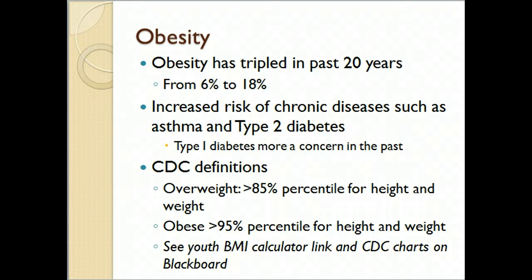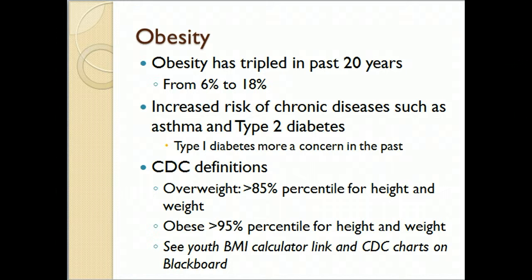Definitions for obesity with kids are different than for adults. If you remember, adult cut points for BMI are 25 for overweight, 30 for obese, and 40 for morbidly obese. With kids, you have to plot them out on percentiles for their height and weight by gender.